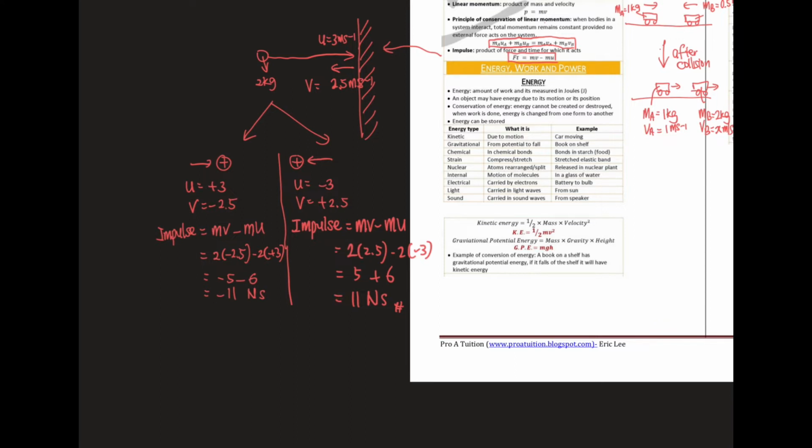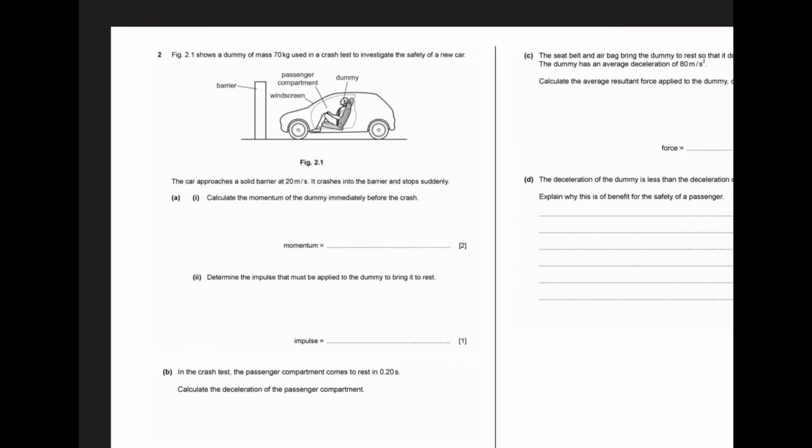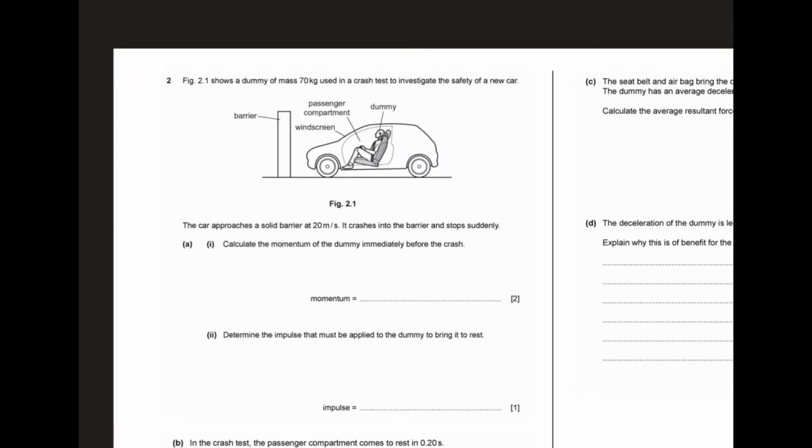Okay, we are going to practice now, and you see how we handle it, and I will let you see the mark scheme also. Okay, so let's see.